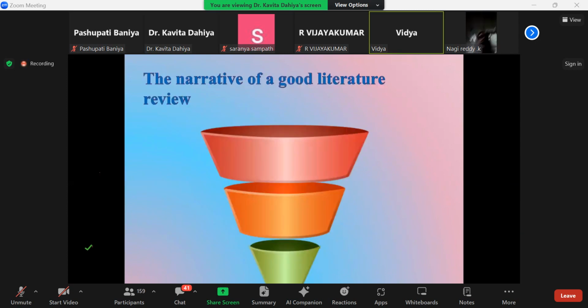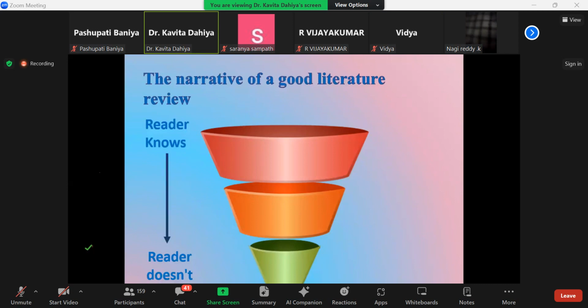So this is the narrative of a good literature review, which is represented here on the screen. This funnel type of picture is shown here. Let me explain this one by one. The first part, or top part, of this funnel represents where the reader knows, and the last part, or the bottom part, represents where the reader does not know.